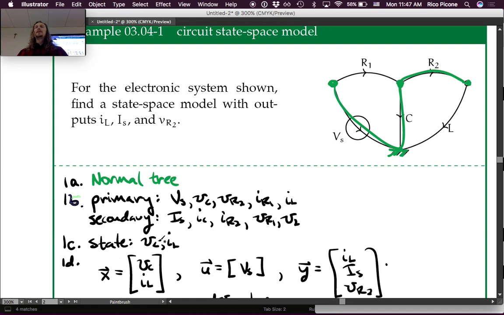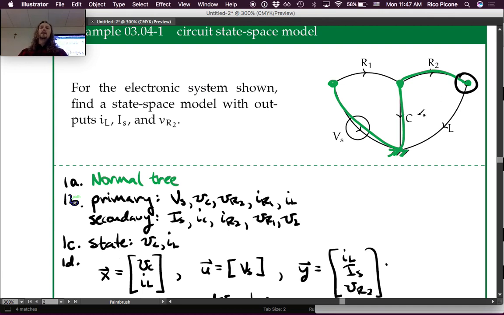What we need to do is draw these contours. We need a contour to cut each of these passive branches in the normal tree and no other branches. So the first one's pretty easy. We can cut one passive branch in the normal tree, and only one, and that is R2 with this contour, right? So that's a nice one.